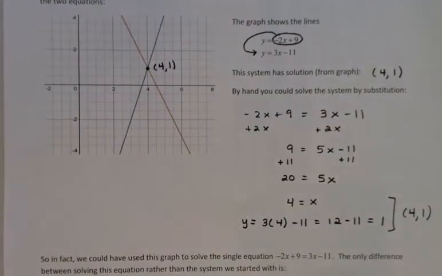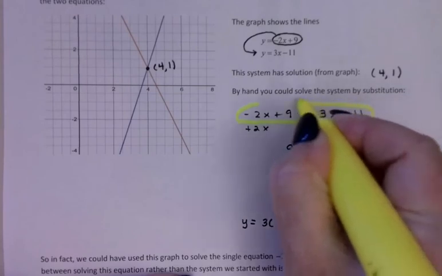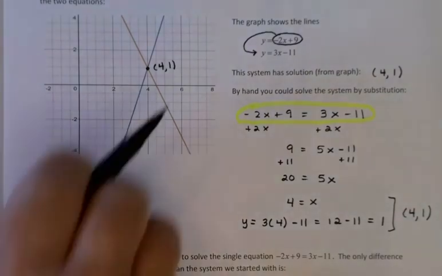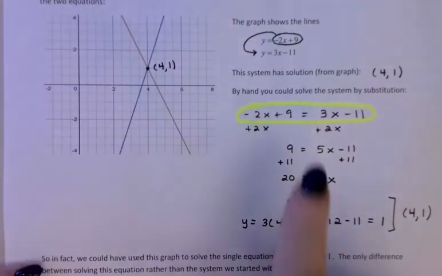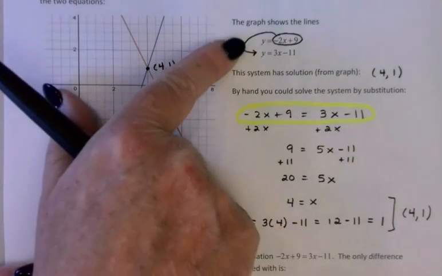All right, where are we going with this? Well, think about the equation that we wrote after the substitution. This one right here. That could have just been an equation that we started with, right? We didn't necessarily have to get it from here. And we could have really solved that equation exactly the same way that we did this one.